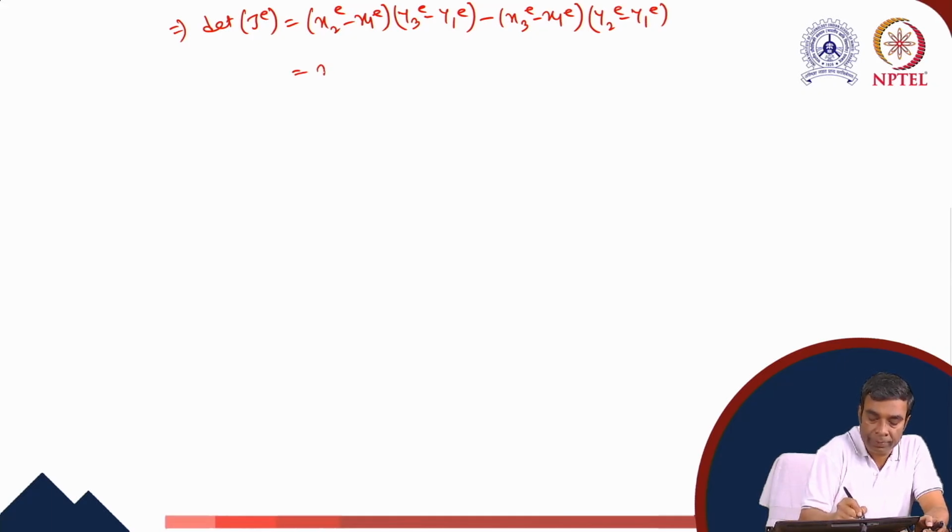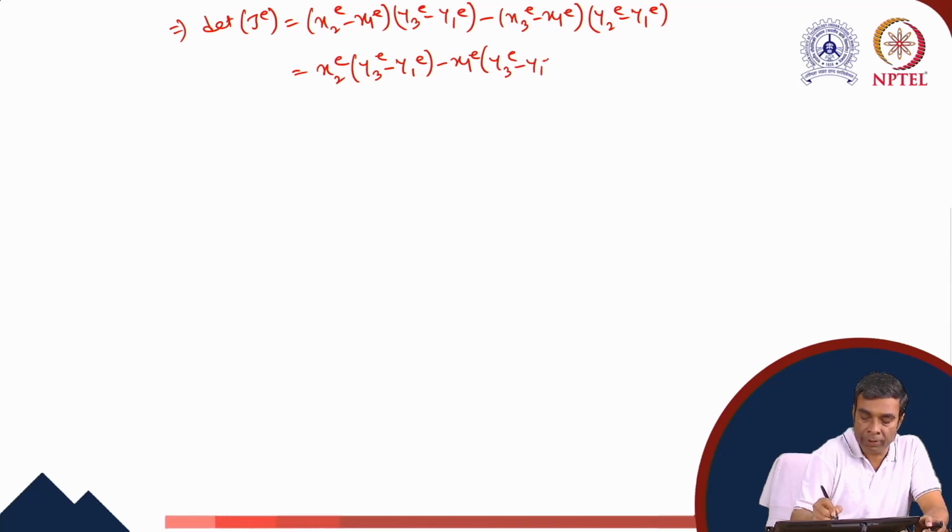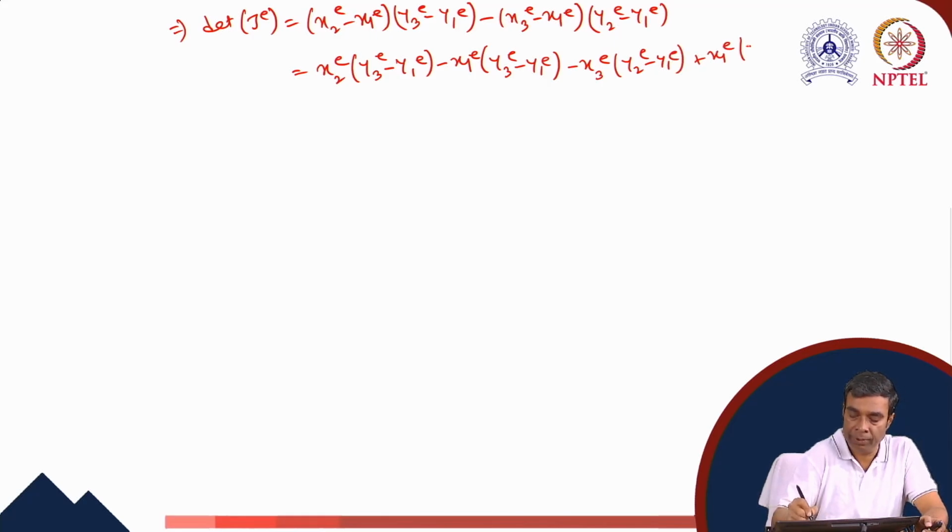So this is x2e into y3e minus y1e, minus x1e into y3e minus y1e, minus x3e into y2e minus y1e, plus x1e into y2e minus y1e.